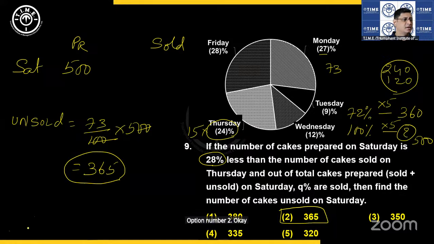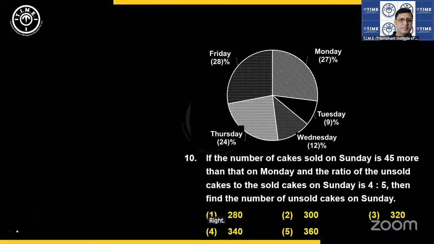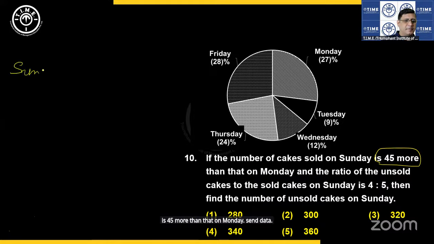Okay. Shall we move to the next example? Right. If the number of cakes sold on Sunday is 45 more than that on Monday. Sunday data. Sunday, how many cakes were sold?